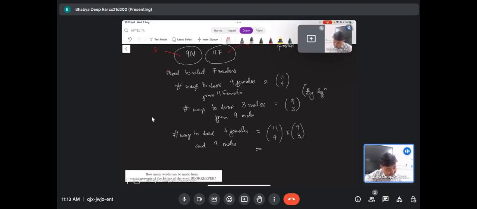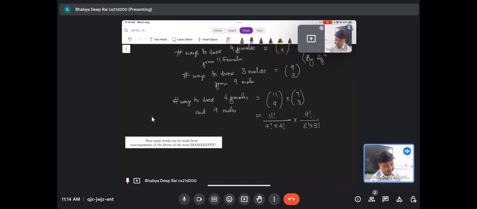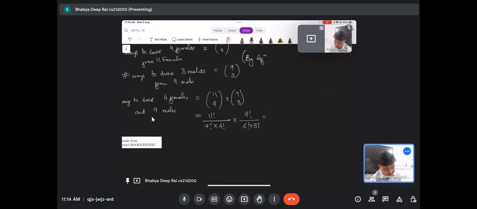Now we can simplify this as 11 factorial divided by 11 minus 4, that would be 7 factorial times 4 factorial, times 9 factorial divided by 9 minus 3 is 6 factorial times 3 factorial. Okay, now let us simplify this further, which is equal to 11 times 10 times 9 times 8 times 7 factorial divided by 7 factorial times 4 factorial.